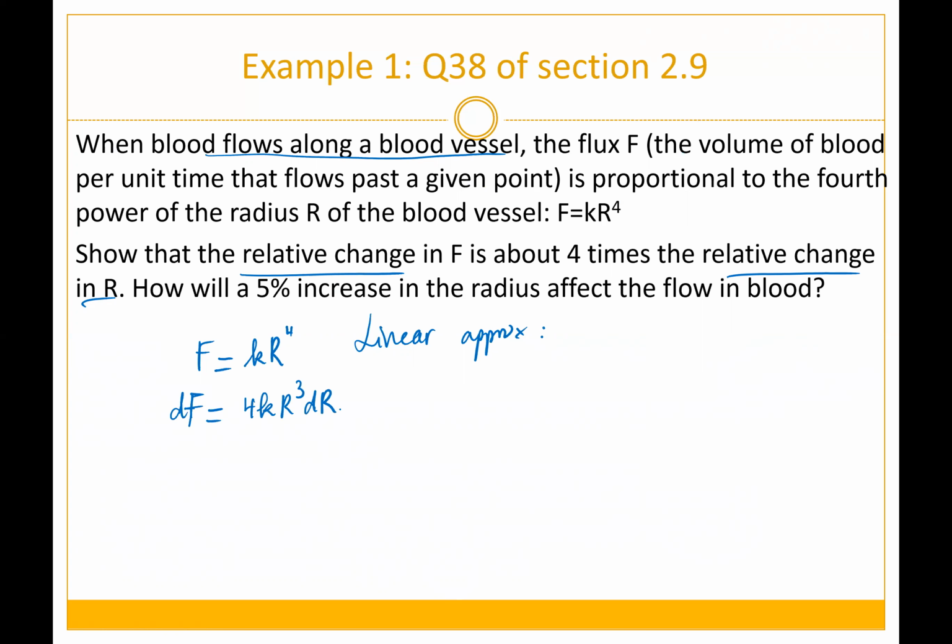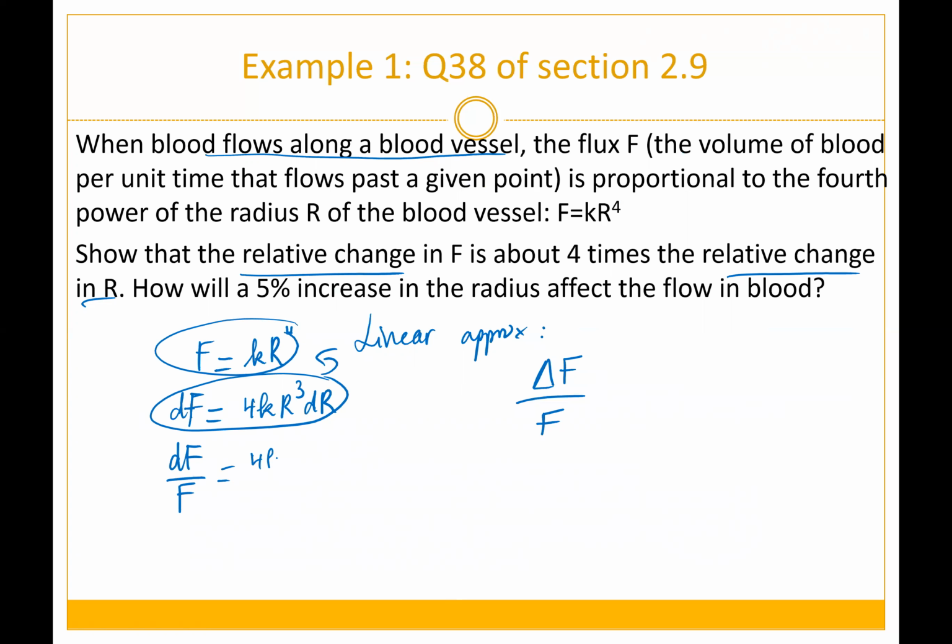And so now we have the relative change. Relative change is the change with respect to itself. So we have dF divided by F. We divide this entire thing by this entire thing. So we have 4k r cubed multiplied by dr over k r to the fourth.